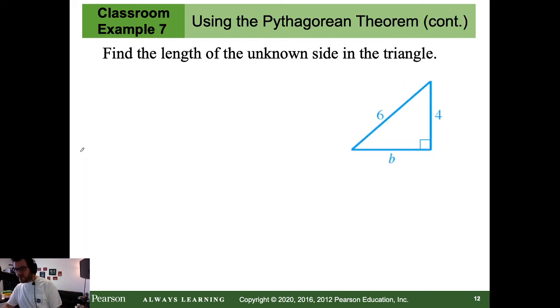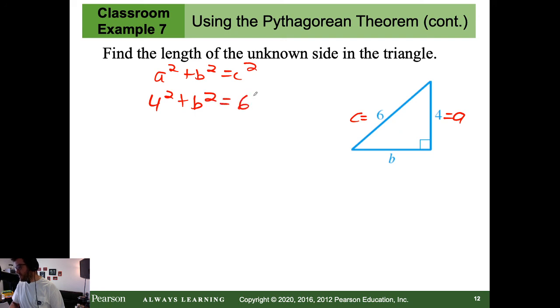Okay, the only thing different about this one, and this is the last one we're going to do, is you have to remember that this is my C. So when I'm setting up my a squared plus b squared equals c squared, this one's even marked b, which is kind of nice. So that means that this one's equal to a. I have 4 squared plus b squared equals 6 squared. Okay, 4 squared is 16 plus b squared equals 36.